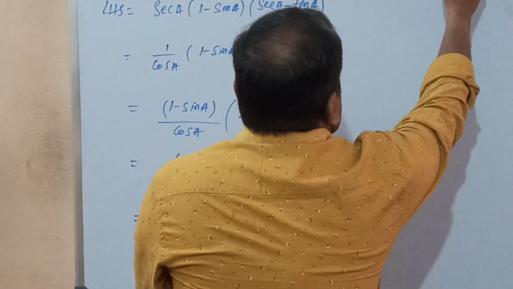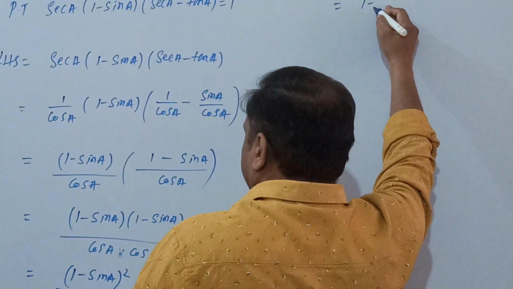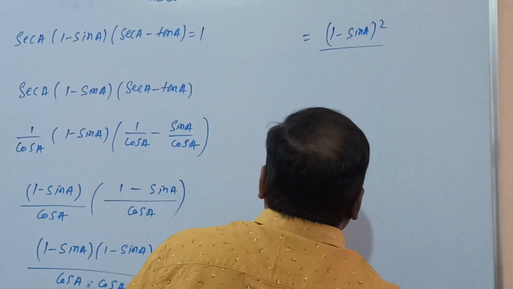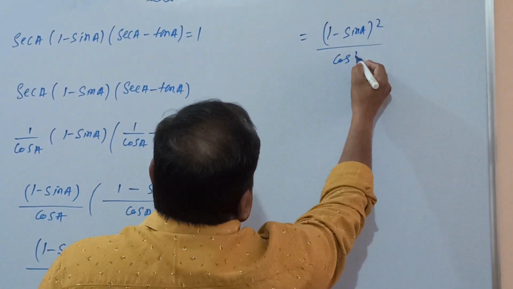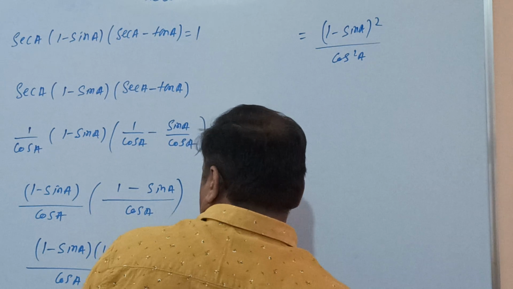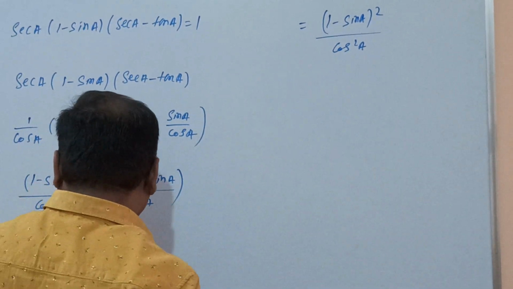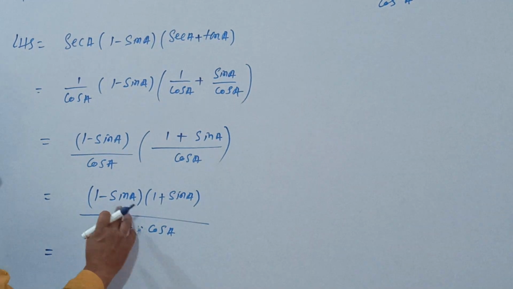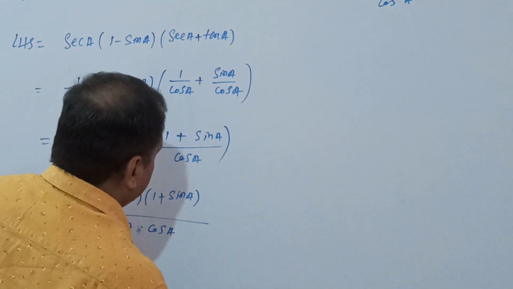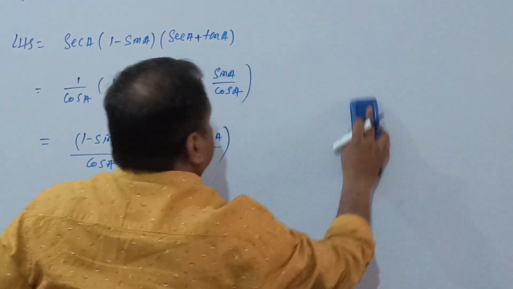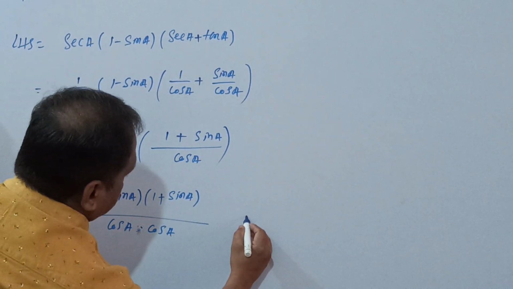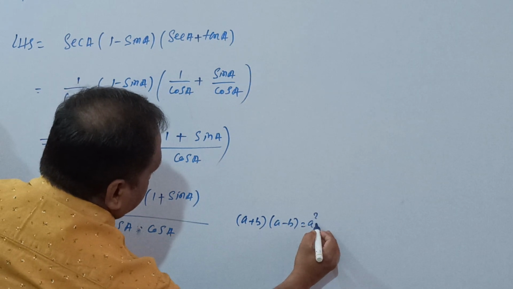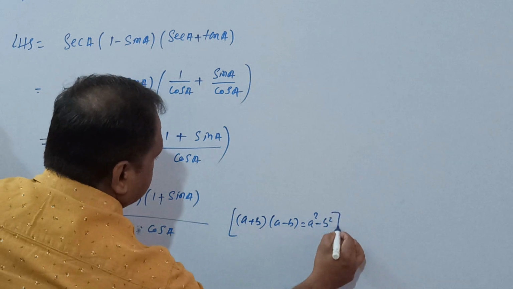Here once again I will write the numerator as it is: (1 minus sin A) whole square, divided by cos square A. So the numerator is of the form a plus b into a minus b, and we can write this as a square minus b square.